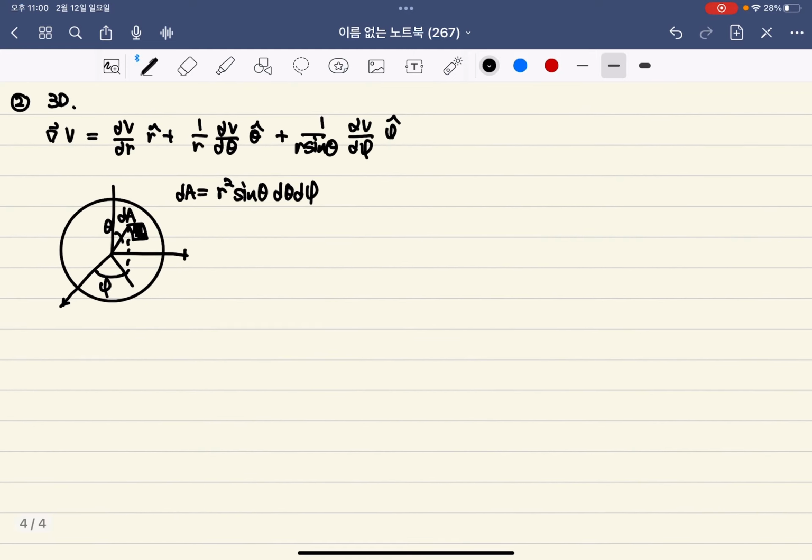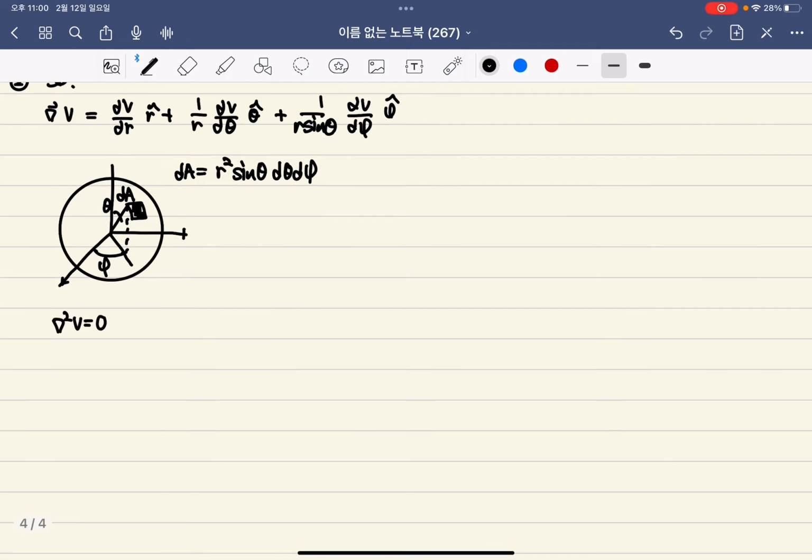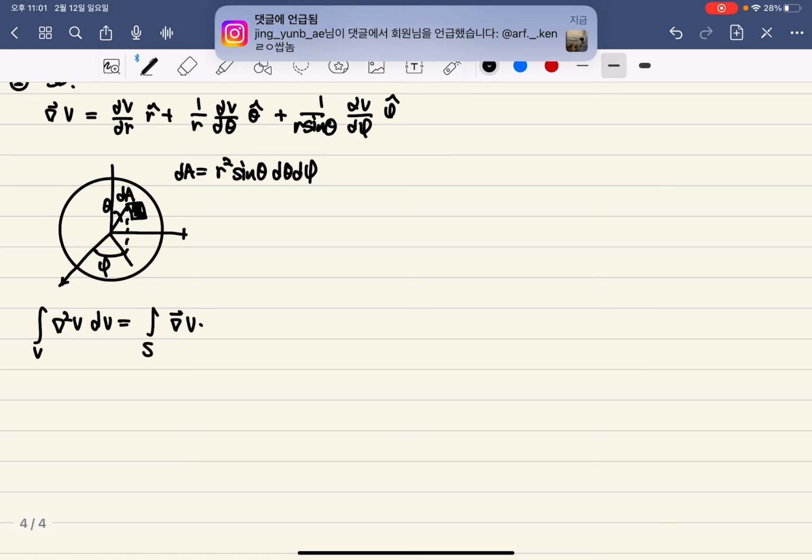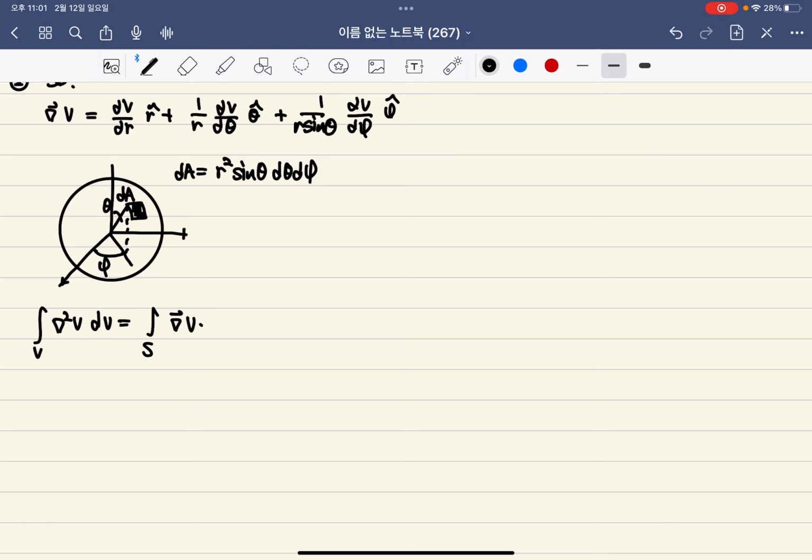Okay, so we start by using Stokes' theorem. So by Stokes' theorem, this is a surface integral of gradient v multiplied by dA in the n direction equals 0.